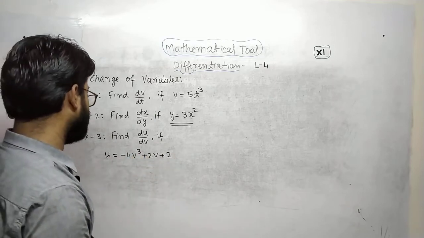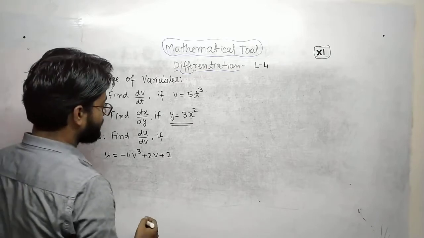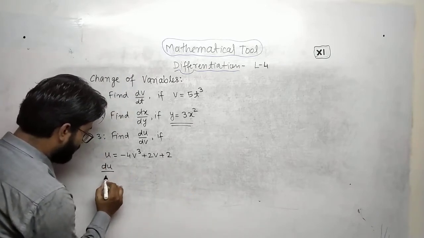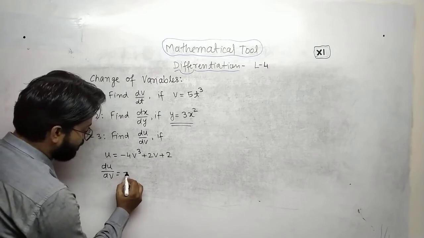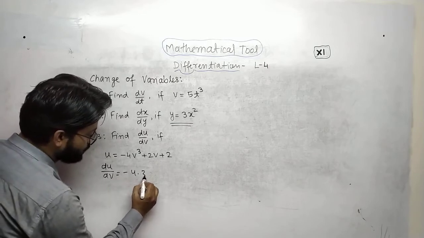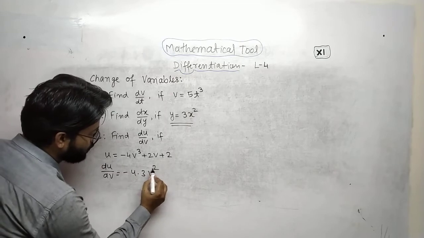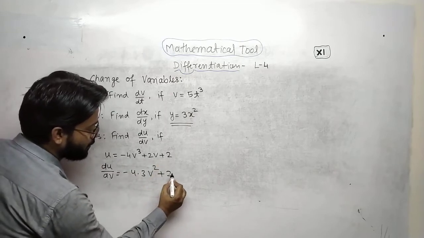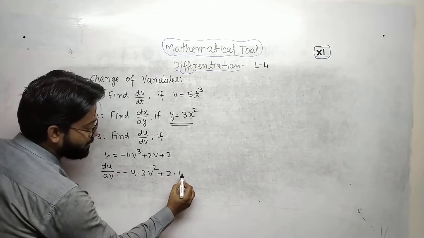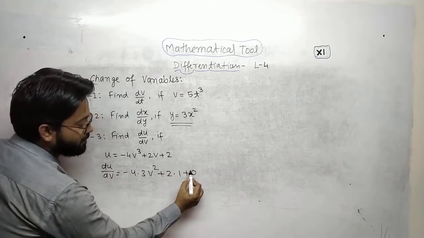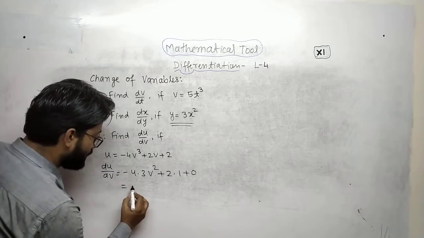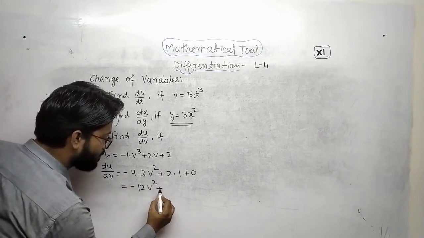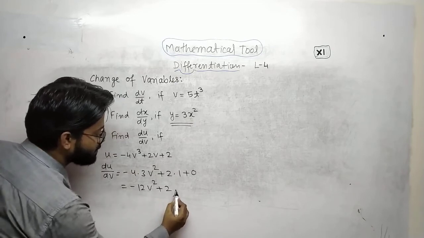This is very simple, like dy by dx. Here simply du upon dv is minus 4 into 3v square, v to the power 3 minus 1, plus 2 into differentiation of v which is 1, plus differentiation of a constant which is 0. This is minus 12v square plus 2. This is your final answer.